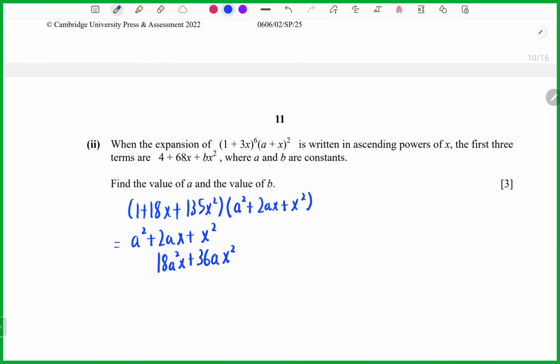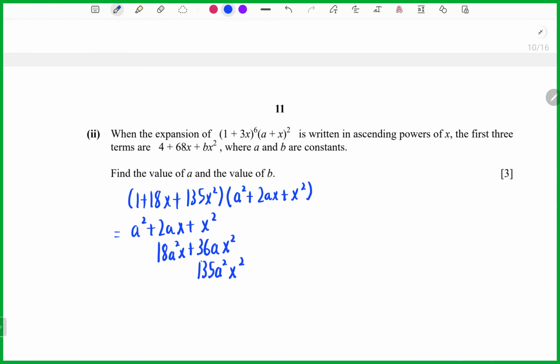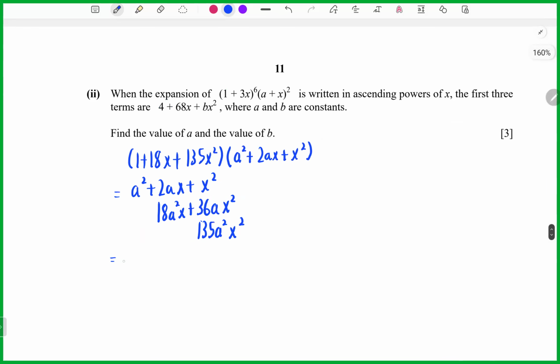So now let's see the 135. So you get 135a squared x squared. If you're already done, we need to combine. You write a squared plus brackets 18a squared plus 2a x, and then plus 135a squared plus 36a plus 1 x squared.